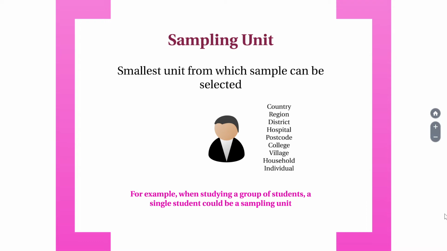You can take that up another level and we could be comparing schools rather than the students within them. It's just very important to be very clear about what your research question is asking, and that will help you define which level your sampling unit needs to come from.